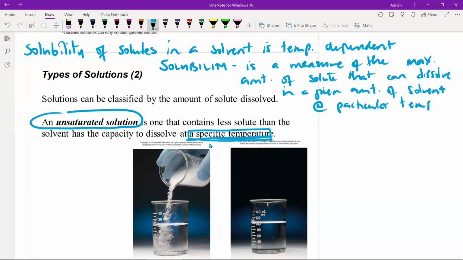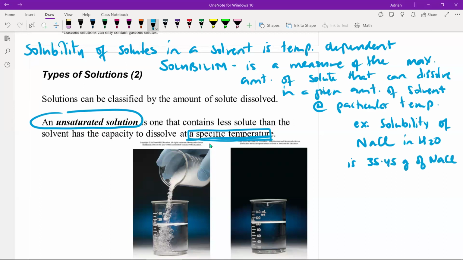So for example, I'm just going to make up some numbers: the solubility of NaCl in water is, we'll say, 35.45 grams of sodium chloride can dissolve.